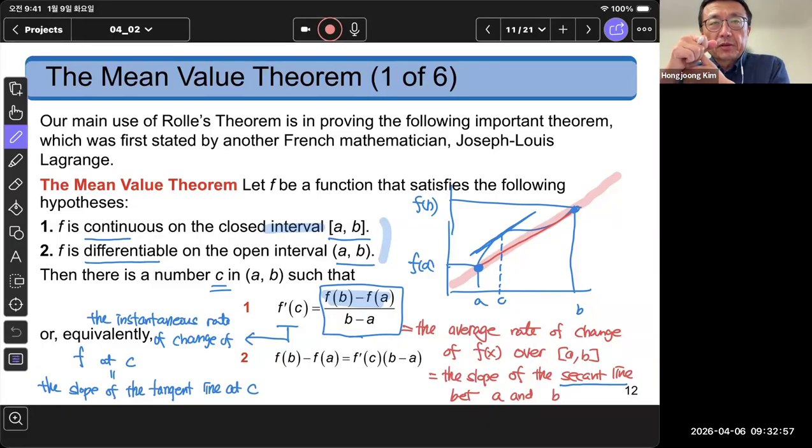Thirdly, if you want to find the largest possible value of a certain function over an interval, you may use the mean value theorem. So if you happen to have one of those three types of problems, you can try the mean value theorem.